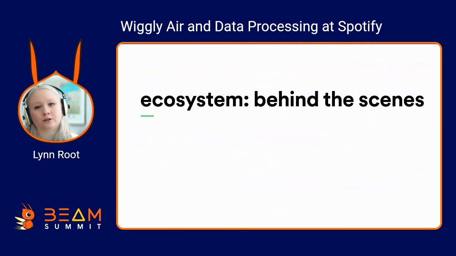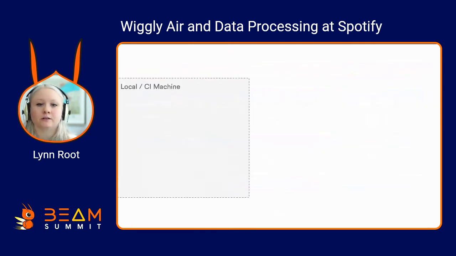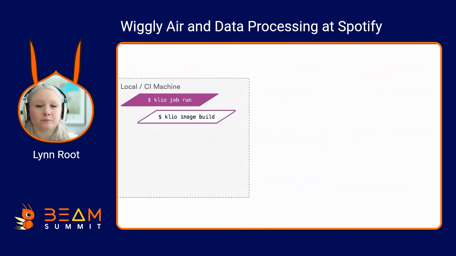And now if we peek under the hood a little bit, we can see a bit more of the heavy lifting being done. So either on their machines or from a CI/CD setup, when a user invokes Clio job run, behind the scenes, Clio builds a Docker image that will be both the worker image on Dataflow as well as the driver, the part of the Beam pipeline that launches and kicks off everything.